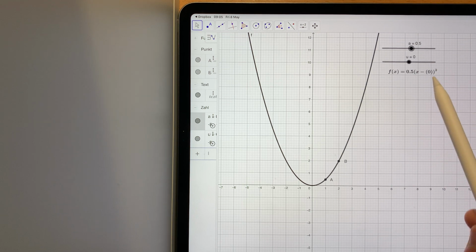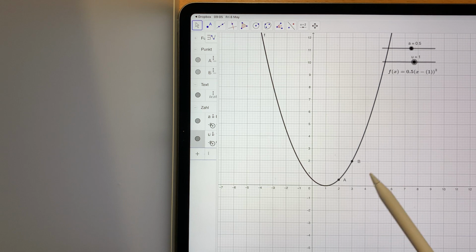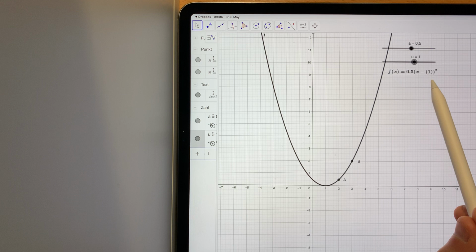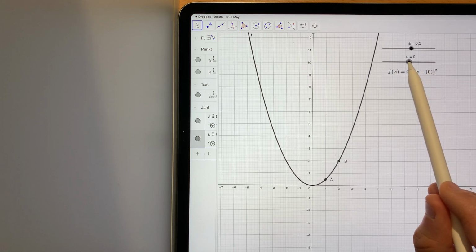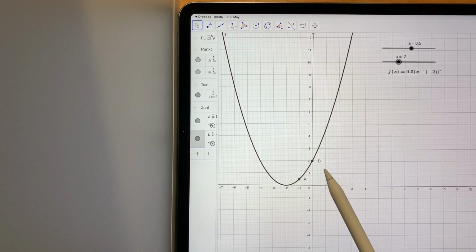Now look, you can put in a horizontal shift here too. Look, this is now a parabola that has undergone a vertical shrink, it's times 0.5, and it has been shifted to the right. Or we could shift it to the left, here.